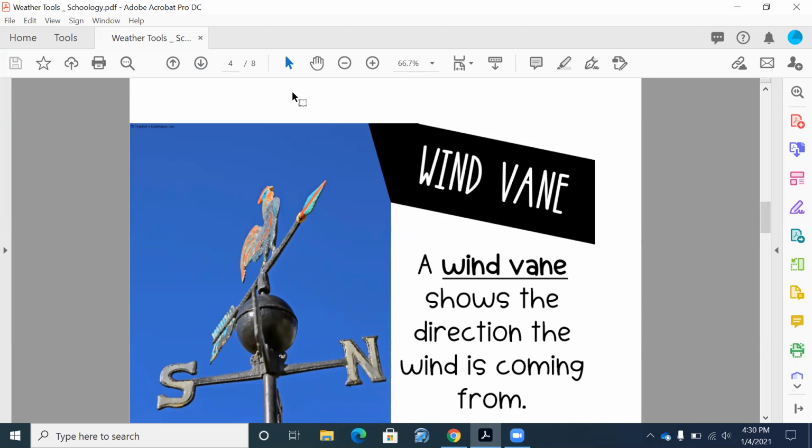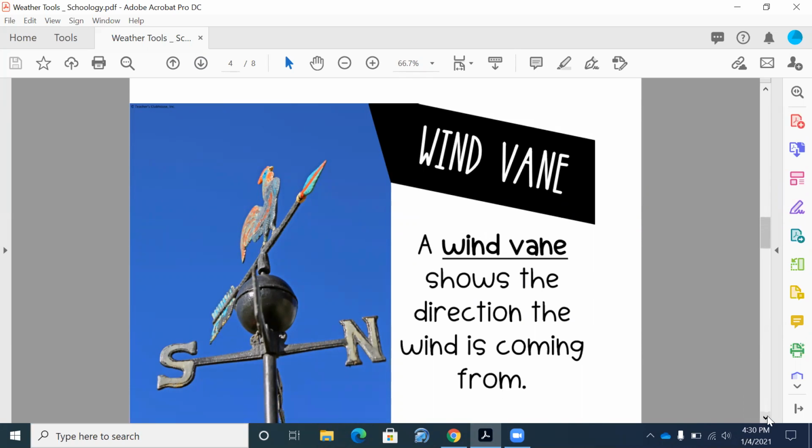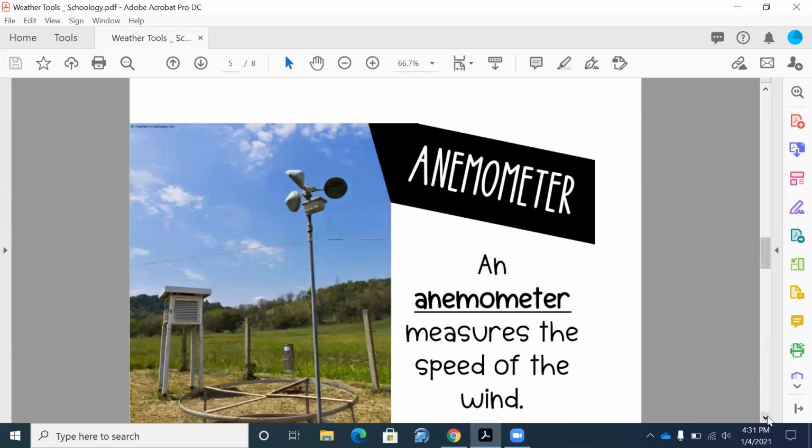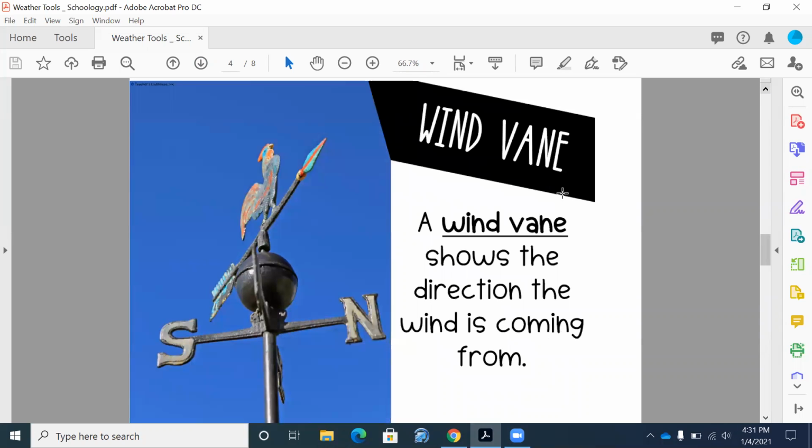Wind vane. Okay. So a wind vane shows the direction the wind is coming from. Hopefully you can see this, but we have north, south, then that one's east, and this one right here is supposed to be west, and then it has an arrow based on where the wind is coming from.